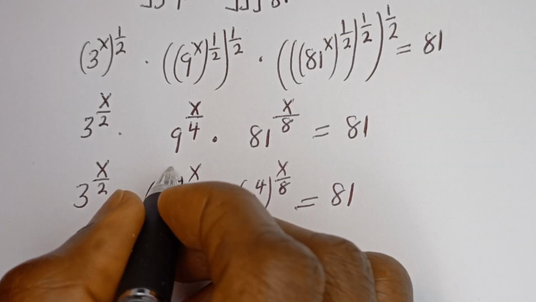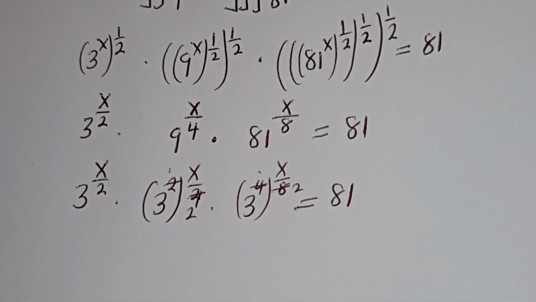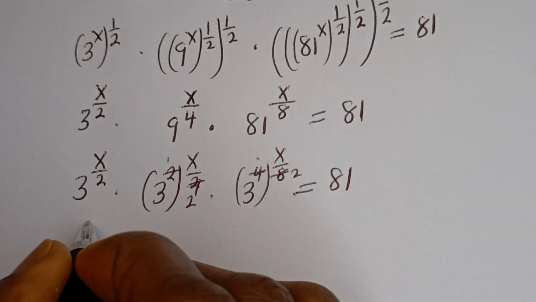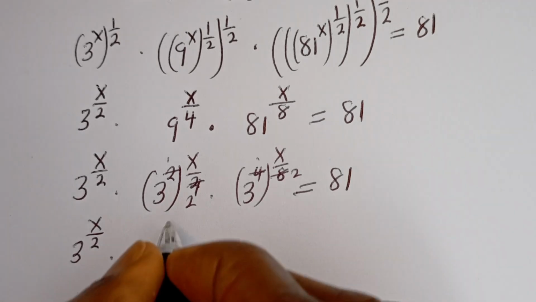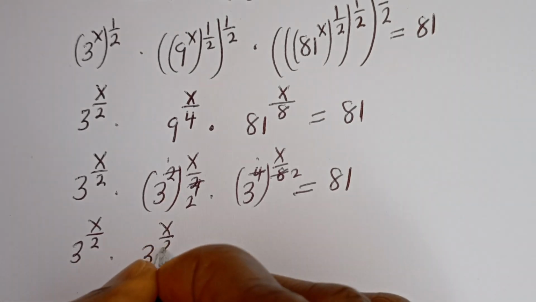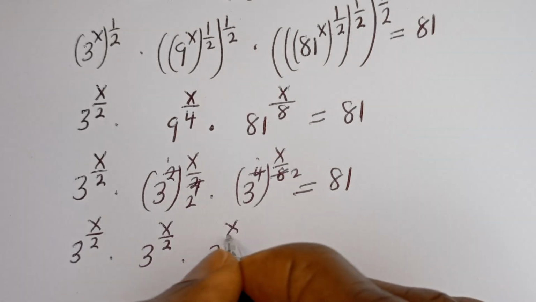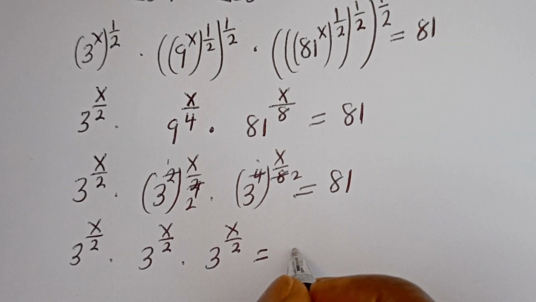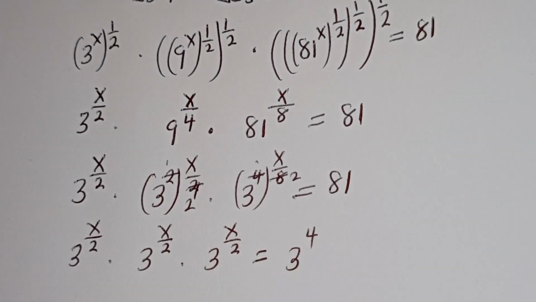Then 2 here 1, 2 here 2, 4 here 1, 4 here 2. You have 3 to the power of x over 2 multiplied by 3 to the power of x over 2 multiplied by 3 to the power of x over 2 is equal to, here, this is 81, can be written as 3 to the power of 4.